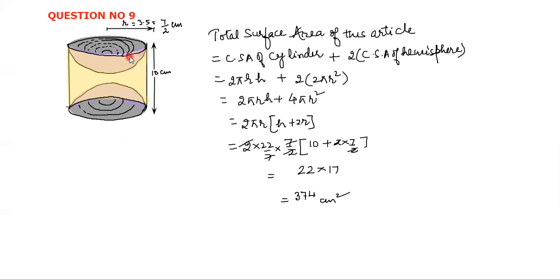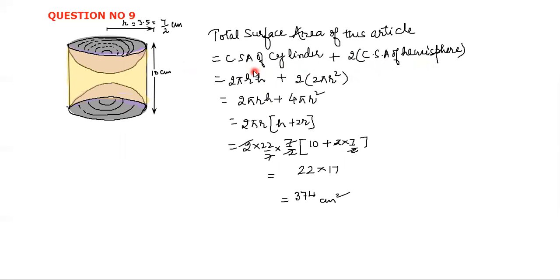But if you touch inside, you are able to touch the curved surface area of the hemispherical bowl on the top and the curved surface area of the hemispherical bowl attached at the bottom. So the total surface area of this solid is equal to the curved surface area of the cylinder plus 2 times, because we have two hemispheres, the curved surface area of the hemisphere.